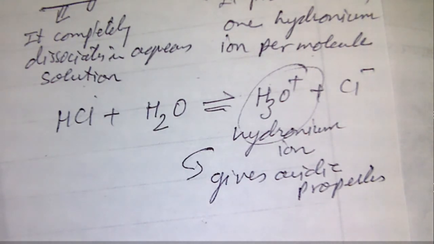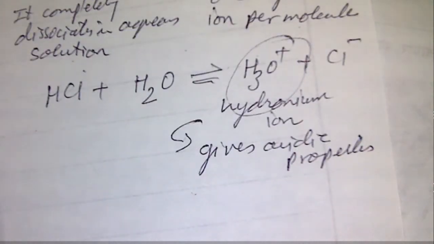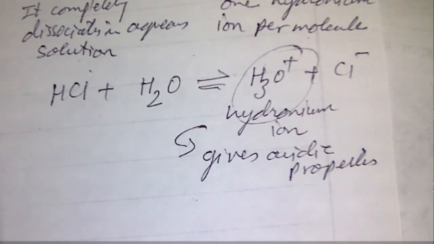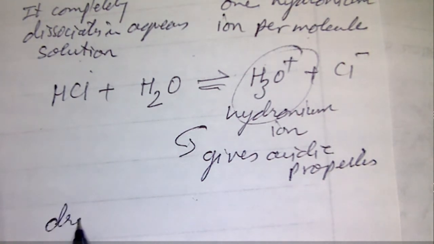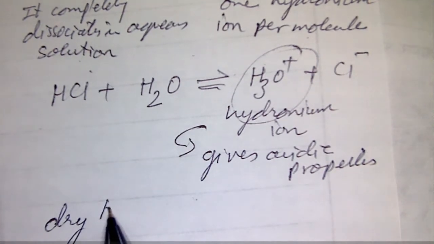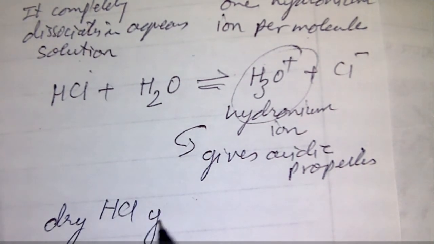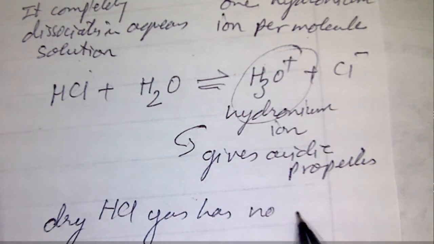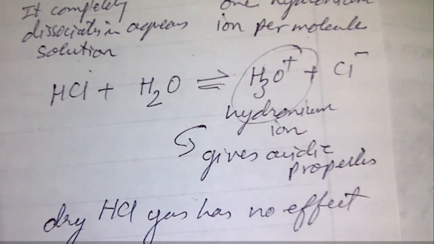And since it is an acid, you know it will turn color of the litmus also, isn't it? Here, one very important thing you'll remember, if I take dry hydrochloric acid, that won't have any effect on dry litmus paper. Clear? Dry hydrochloric acid means HCl gas has no effect on dry litmus paper.